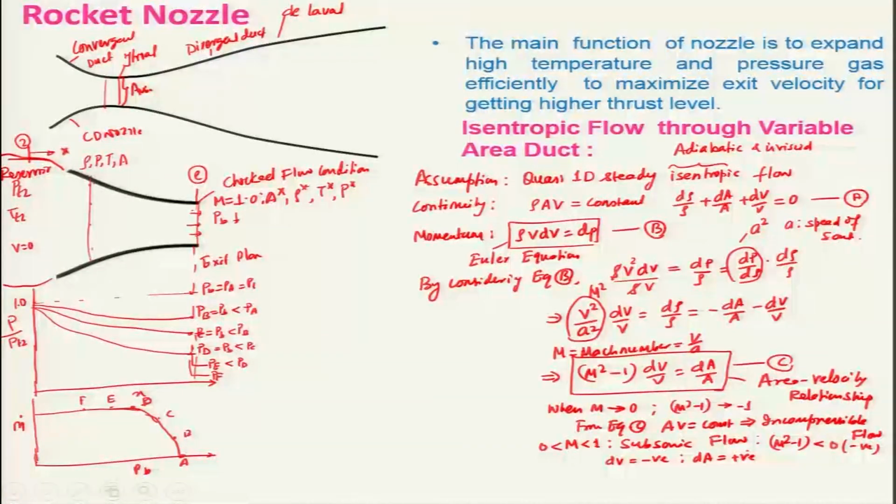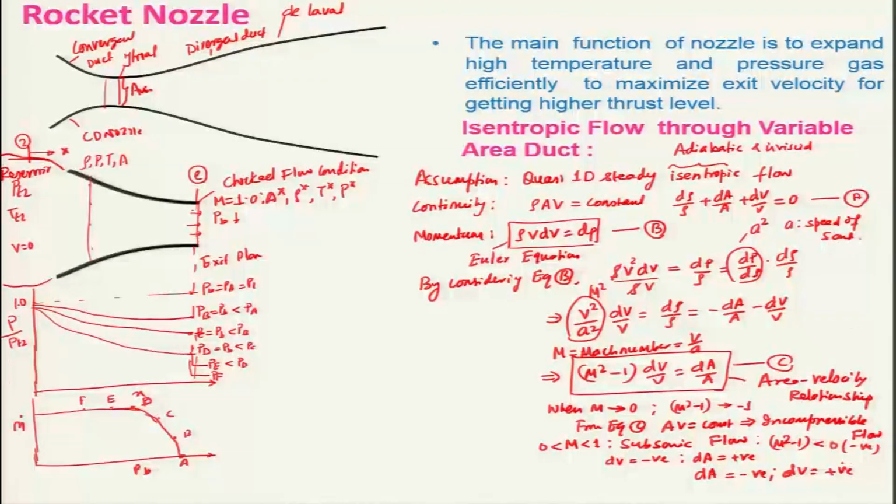That means if the area increases, then the velocity decreases, and the other way around, if dA is negative, dV will be positive.